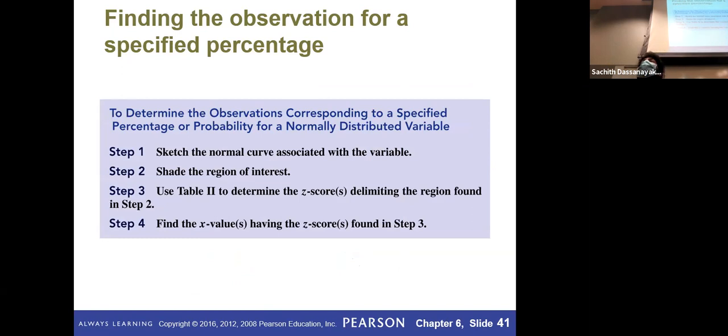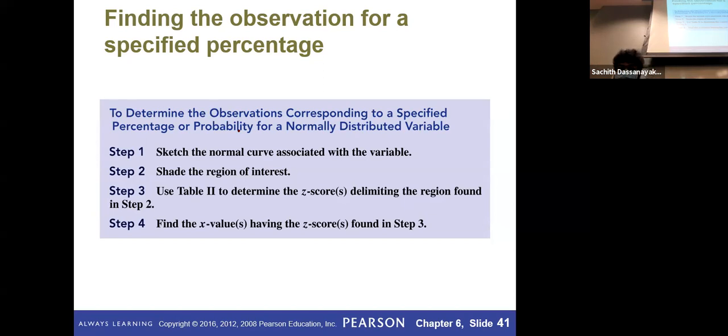If I say I have a normal distribution with mu and sigma, doesn't matter what the mu and sigma are, I need to find the x value which covers 60% of my observations.